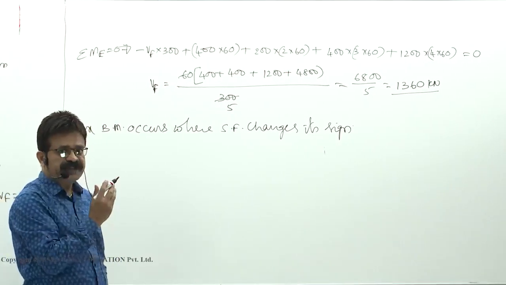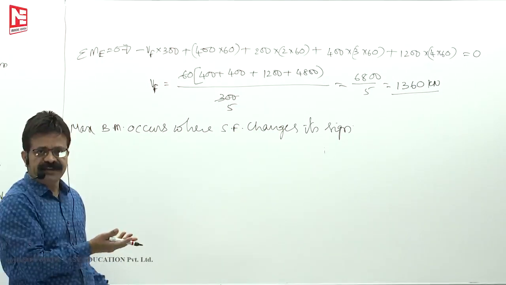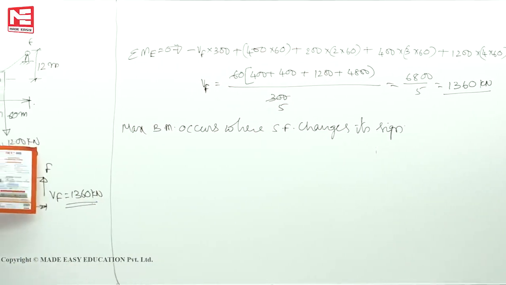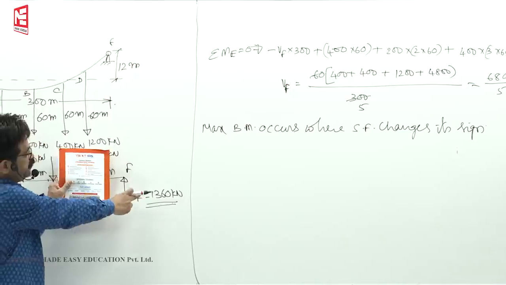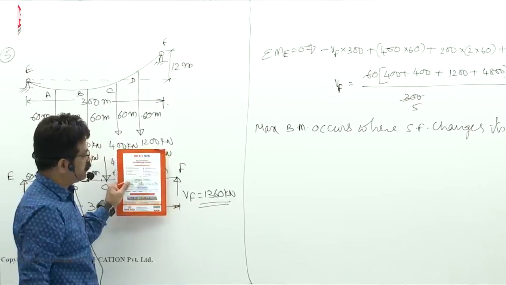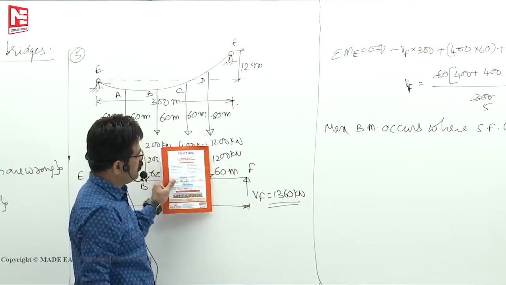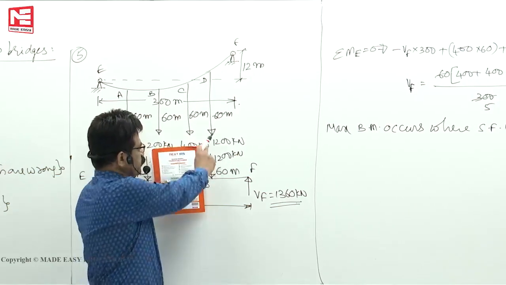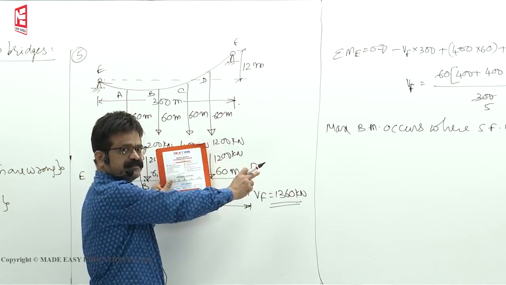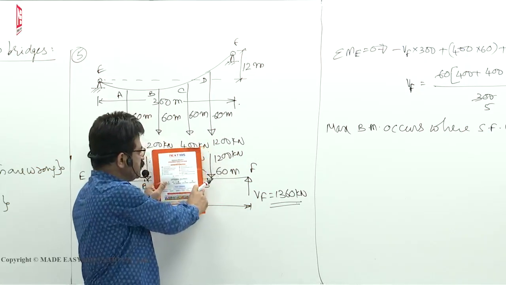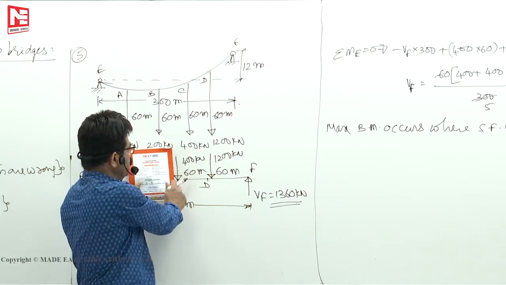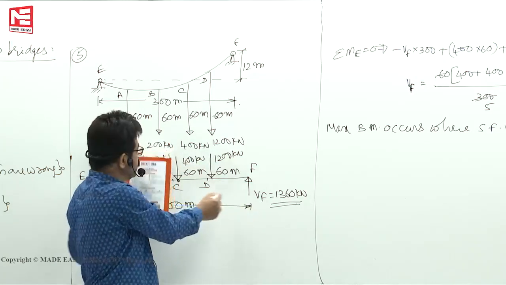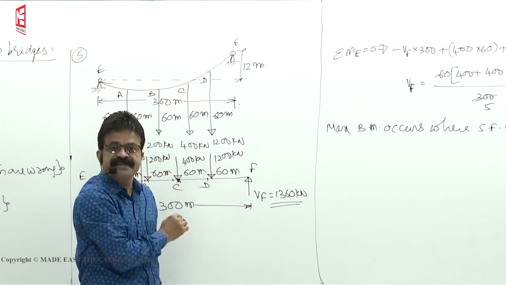We should not calculate the maximum bending moment because calculators are not given. So accordingly you see 1360. See here, section right side upward 1360, negative shear force. Come like this, up to here same. Cross 1200. 1360 minus 1200, so still 160 is there. Move like this, cross. Now it will change its sign because this is 400, 1360. So shear force changes its sign at C.